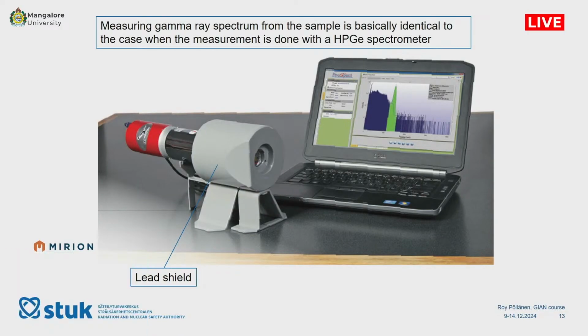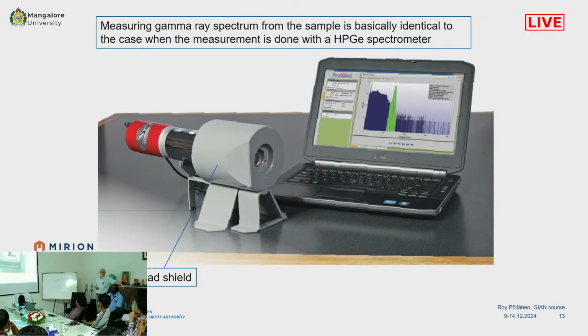Basically, the detection system is like high purity germanium. You can have a lead shield here, you can put the sample here, and this kind of system can be used in field measurements.